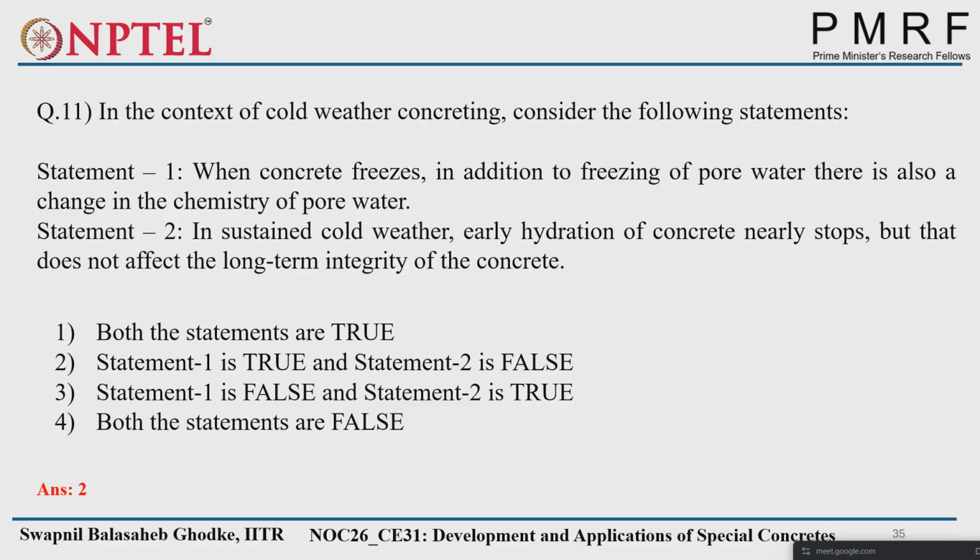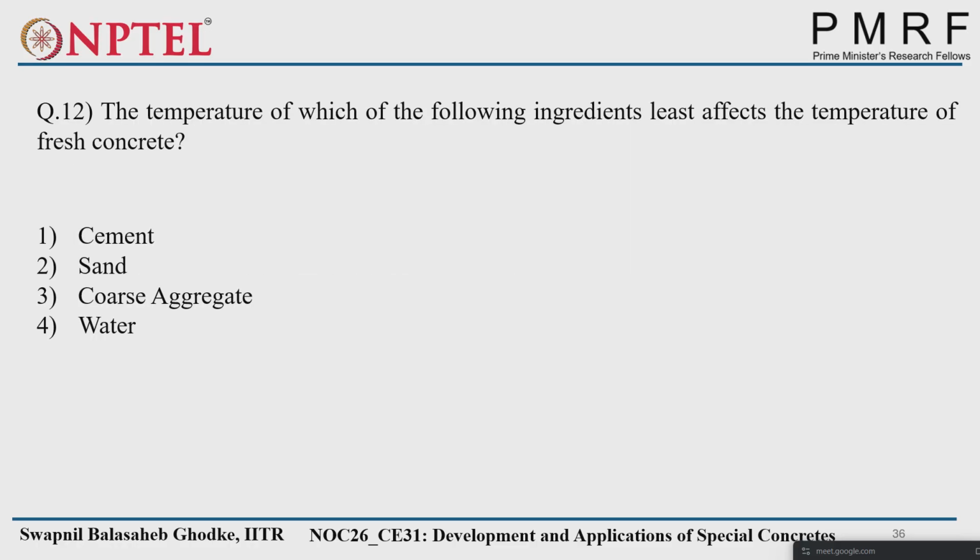It is contradictory, because if early hydration stops, the strength will not gain. Because of hydration only, we are gaining strength, right? If the hydration itself is not happening, how can we say it will not affect the long-term integrity? Obviously, it will affect the long-term integrity of the concrete. Long-term integrity means dimensional stability or damage, all the hardened properties specifically. It will affect hardened properties, right? So that's why statement 2 is wrong, 1 is true.